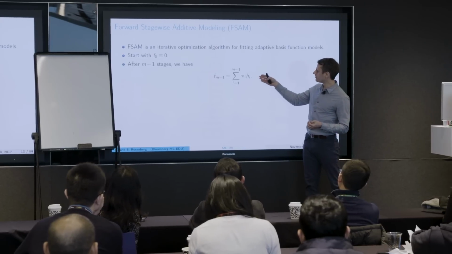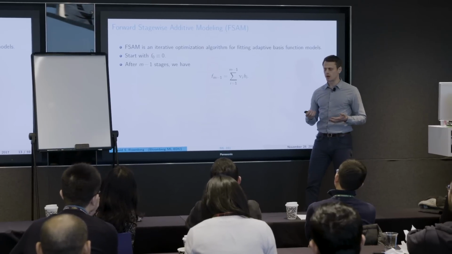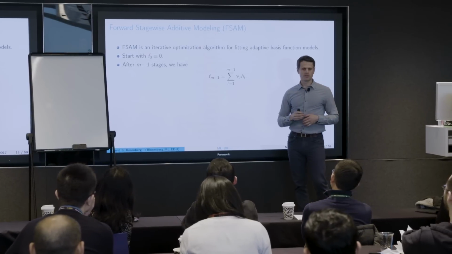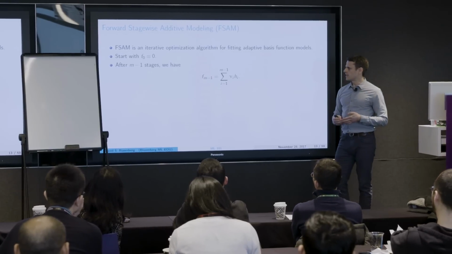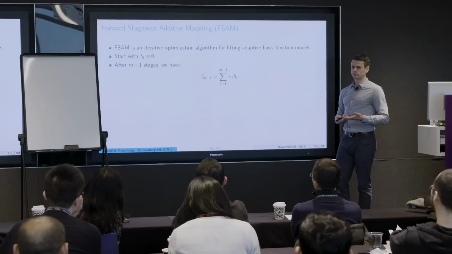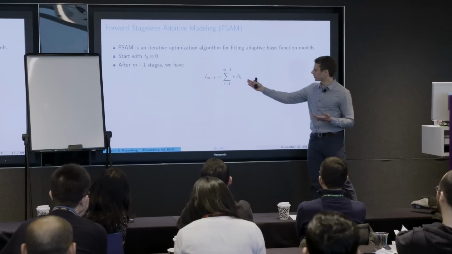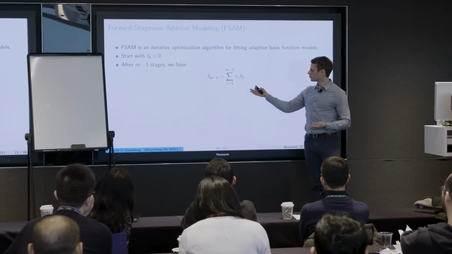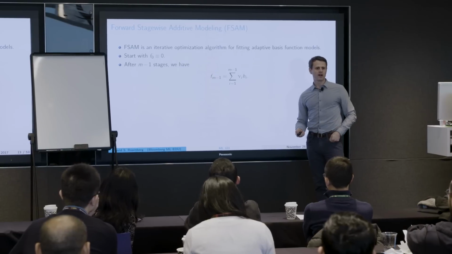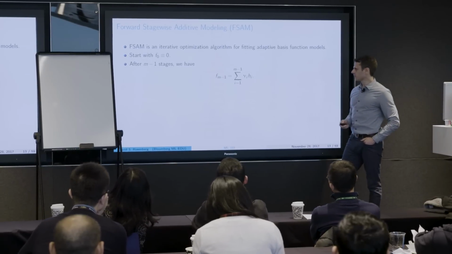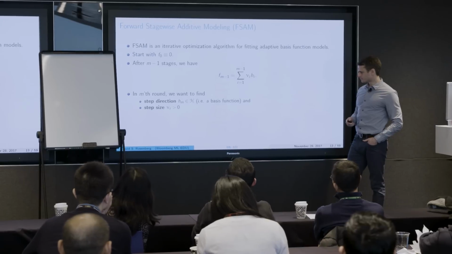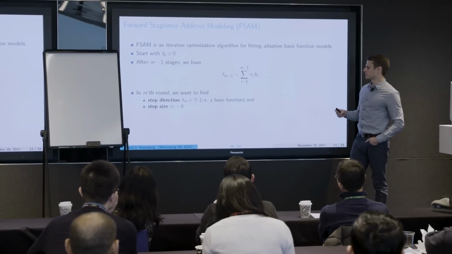In every round, we have a prediction function that is some linear combination of m-1 previously chosen basis functions. And then in the mth round, the objective is to choose your next function, h sub m, and the corresponding coefficient on that function that will add to this ensemble. All right, so we can write down an objective function for that.